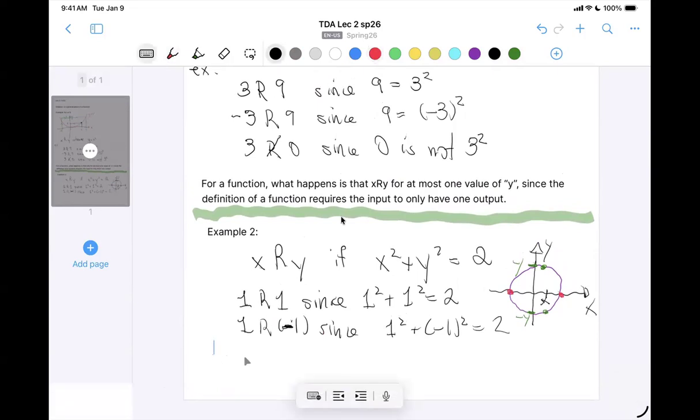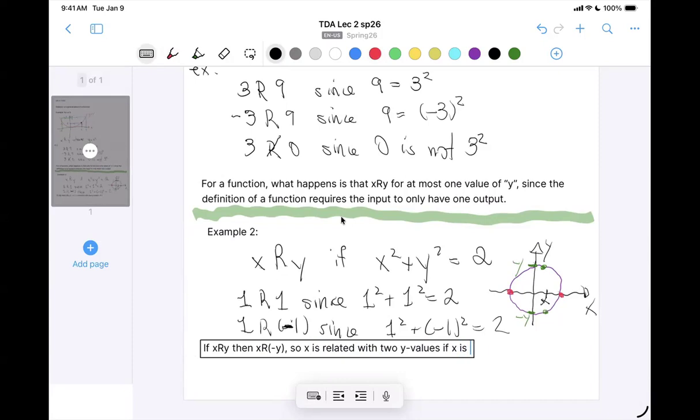So let's say this: if x is related with y, then x is also related with negative y. That's one way to think about it, because it's symmetric. So x is related with two y values if x is between negative 1 and 1.